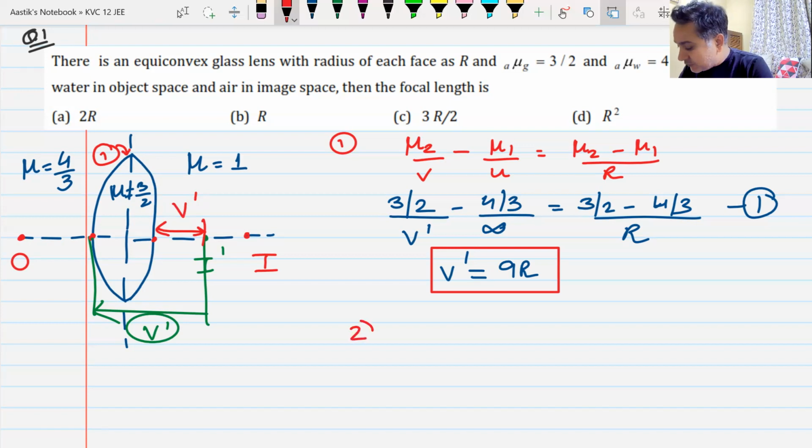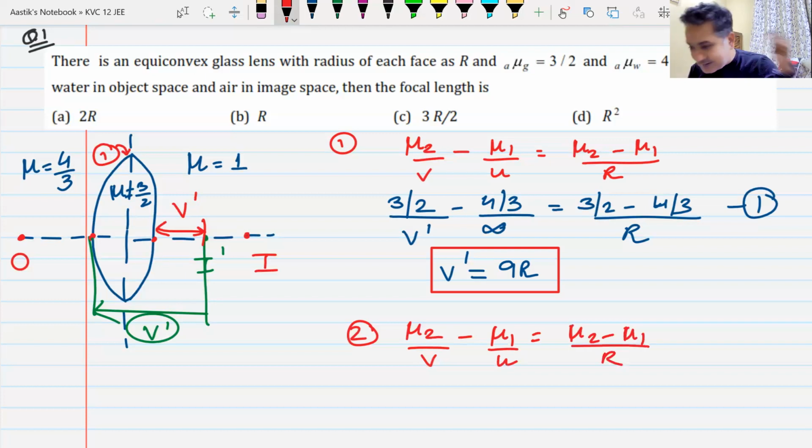Now I apply the same formula for the second surface. Mu2 by V minus mu1 by U will be equal to mu2 minus mu1 divided by R. Now, quickly tell me what is the value of mu2.